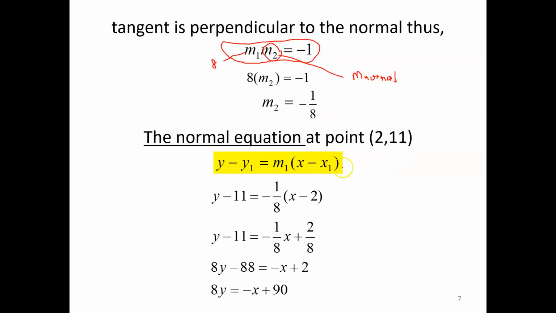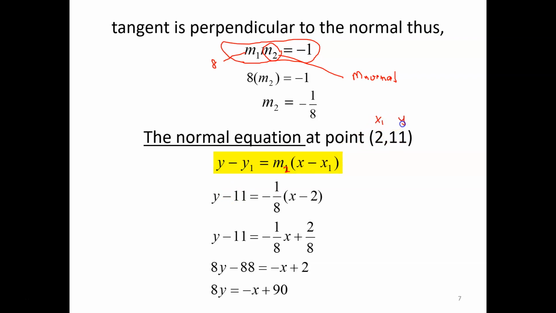So again, you're going to use this formula, but this time you substitute it with m2, not m1. So your m2 will be this one. You substitute y minus 11, still using the same x1, y1.